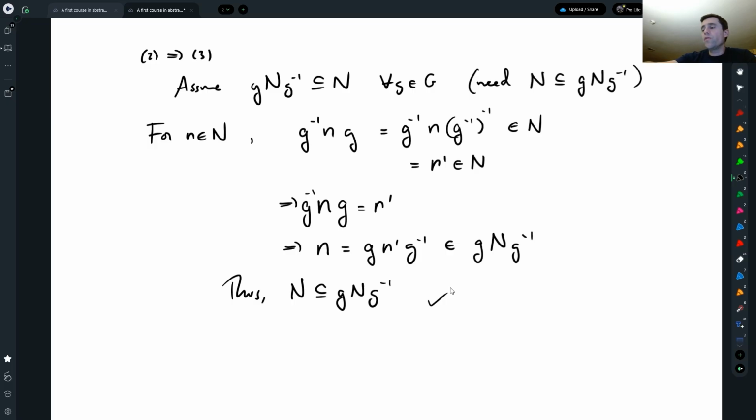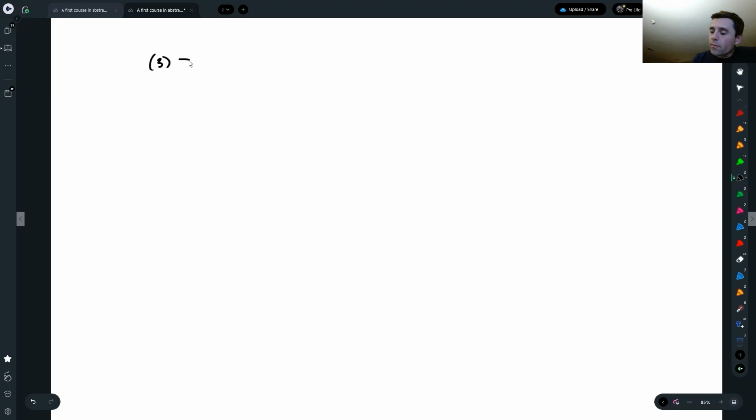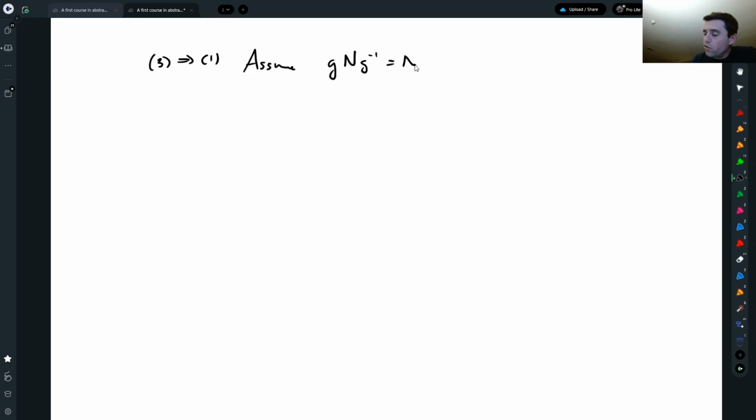Last, I need to prove that 3 implies 1. So now we are going to assume that gNg inverse is always equal to N, and we want to prove that gN is always equal to Ng.